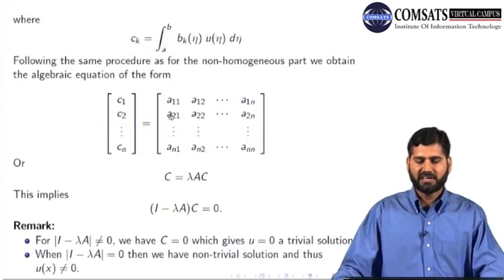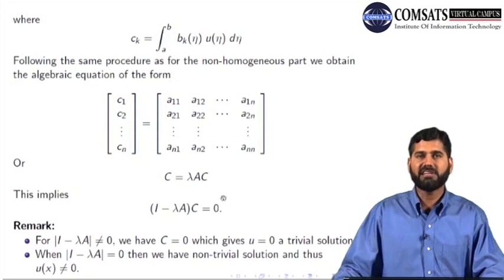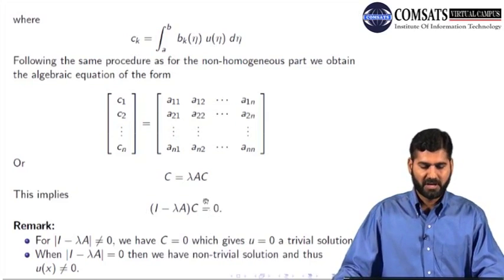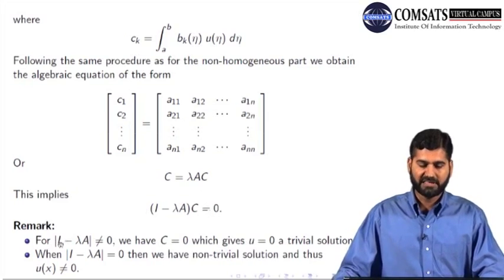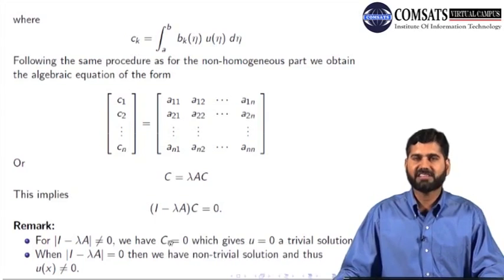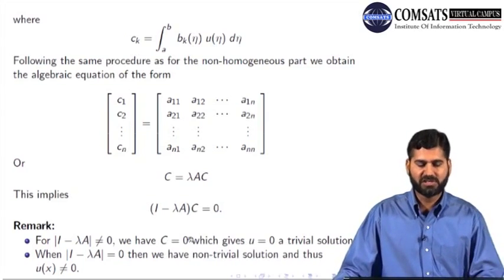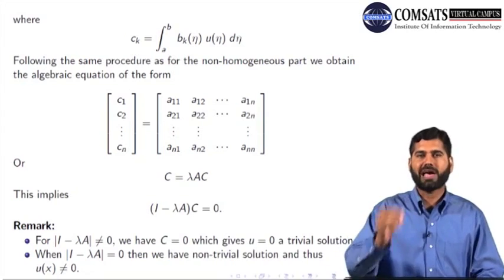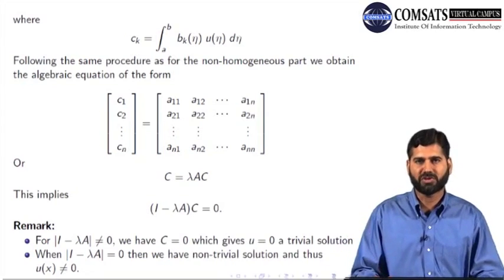What is the difference? The difference is when you get this set of linear algebraic equations, the right hand side is 0. So again, if the determinant is not equal to 0, then c is equal to 0, which gives u equal to 0, a trivial solution. When the determinant is equal to 0, then we have the non-trivial solutions, and u(x) will be non-zero. So in this situation, we have to have the determinant of this matrix equal to 0.